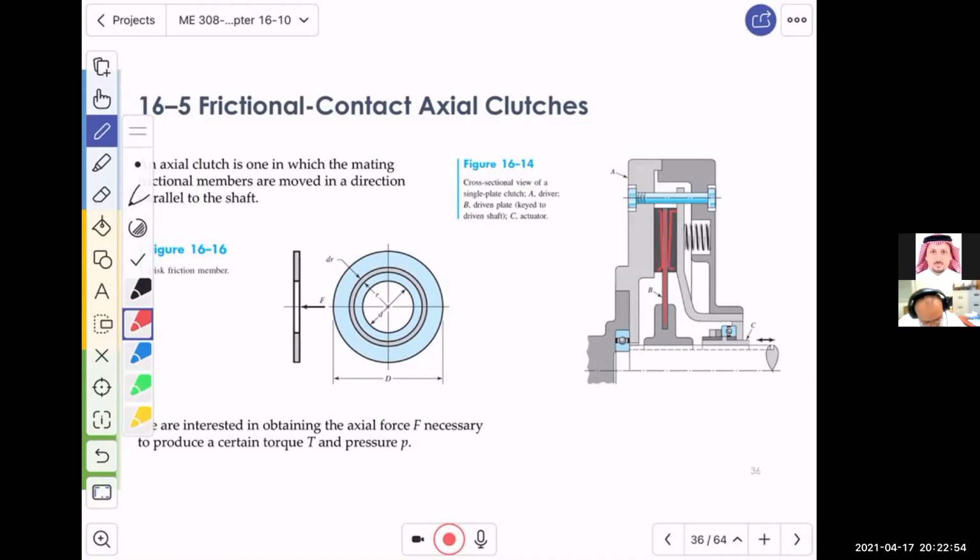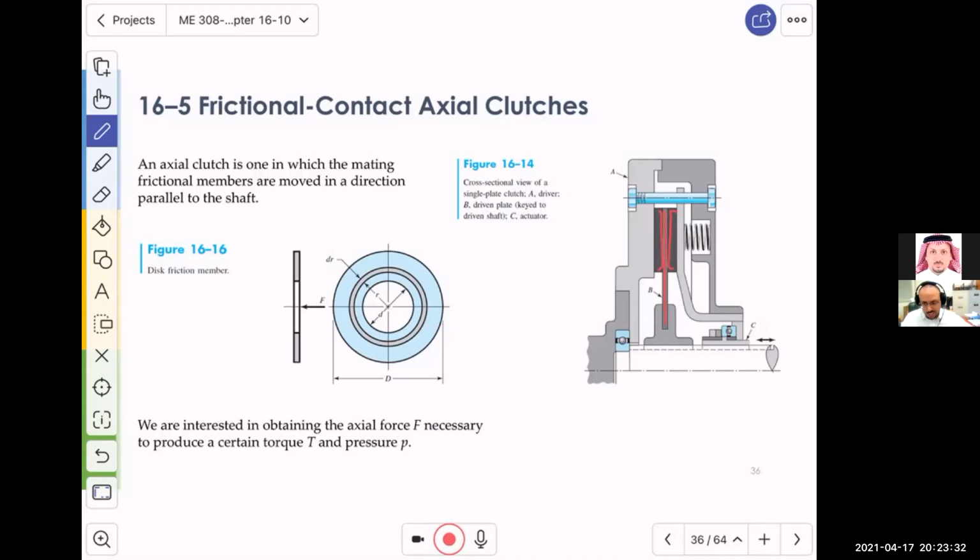Now, usually in such problems, we are mostly interested in determining the force necessary to produce a certain torque and to attain a certain pressure. So you want to know how much you should push in order to achieve a certain torque at a given pressure.